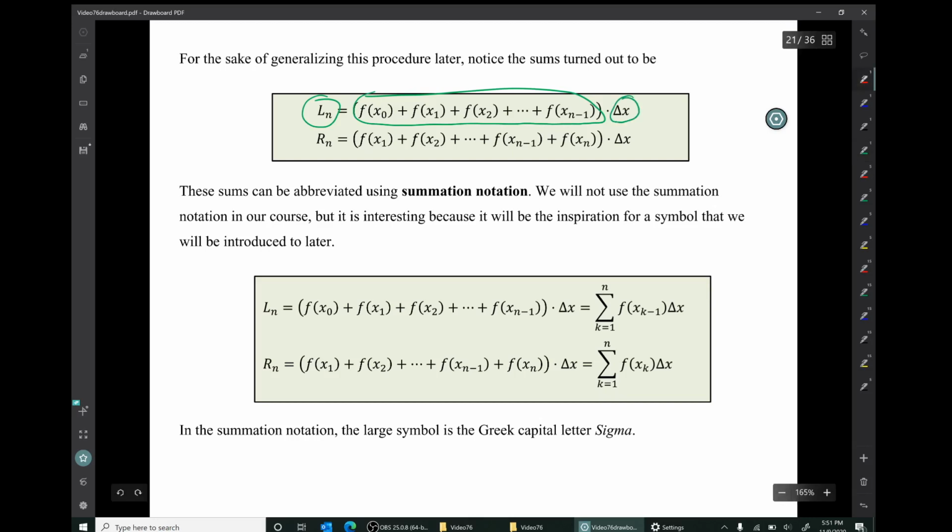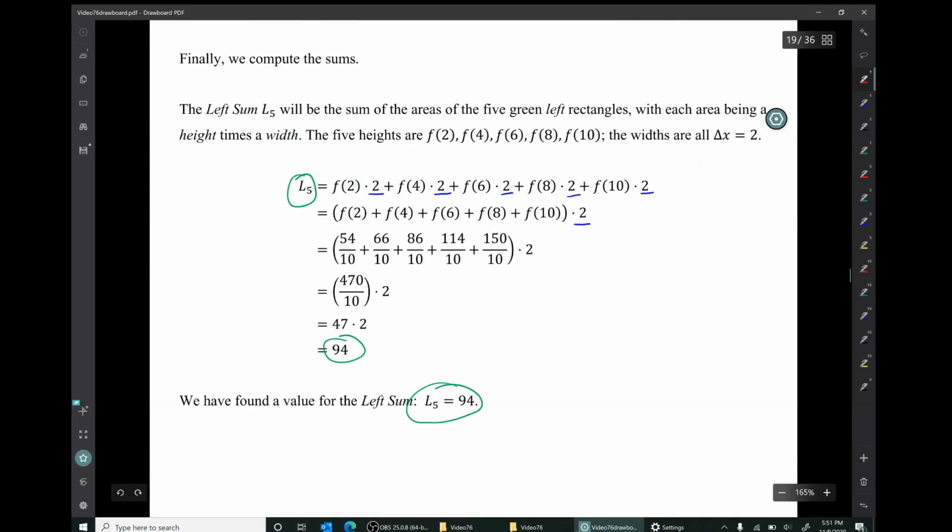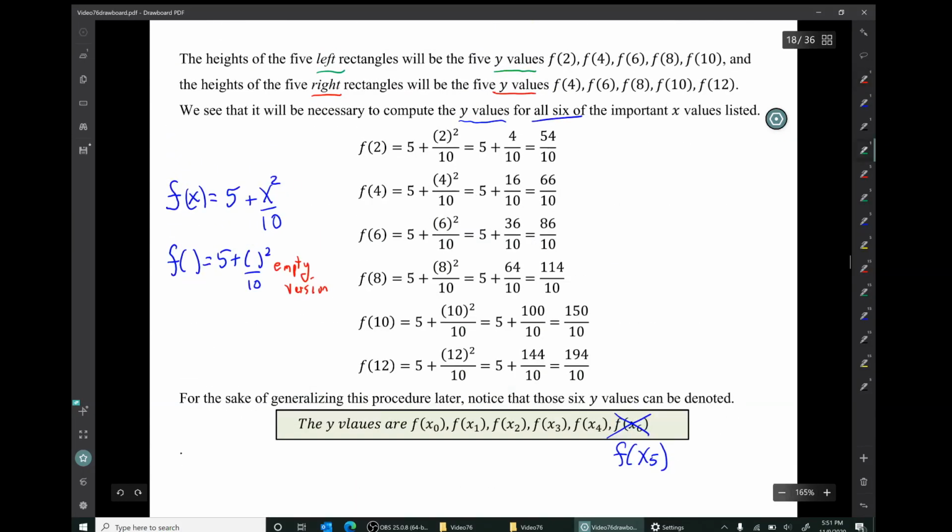And for the right sum, R subscript n was this sum, the sum of y values for a slightly different batch of x values times that width delta x. Notice again that in computing the left sum, we used these y values. In computing the right sum, we used these y values, a slightly different batch of y values.